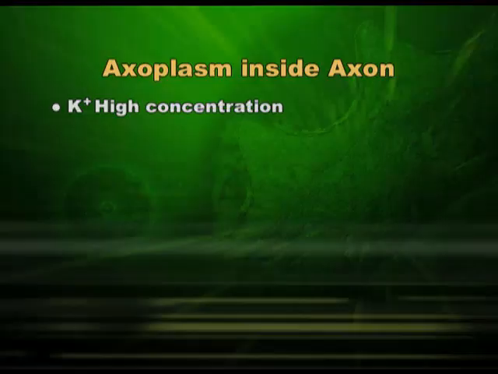So, in the resting condition, the axoplasm inside the axon will contain more potassium. Why? Because potassium ion is freely permeable. The ion channels allow its permeability. So, it is able to enter.